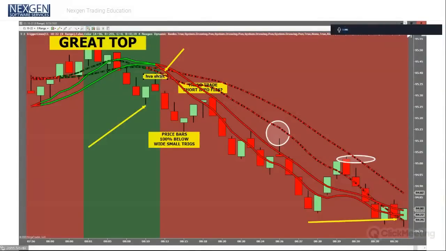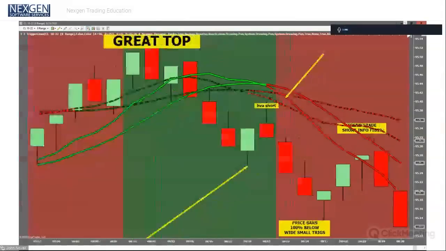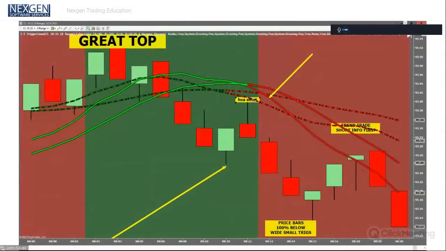When MB was taking his high volume area short up here, give me your read on where the bars are and what the triggers are doing. Is that a favorable trigger line look after a good top to take a short? Just knowing what you know now about the triggers and bar location and whether they're crossed.